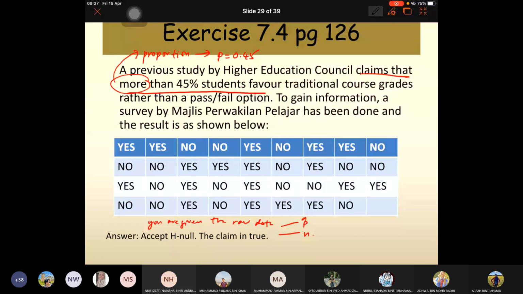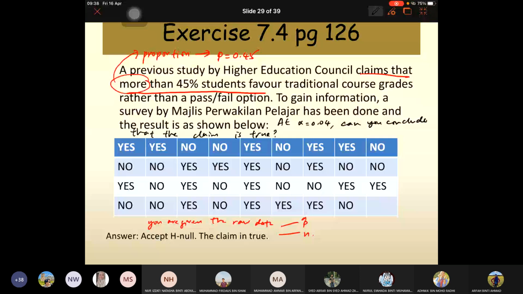So soalan dia tertinggal ni. Soalan dia adalah at alpha equal to 0.04, can you conclude that the claim is true? So awak boleh tulis kat situ dia punya soalan sebab tu tinggal.